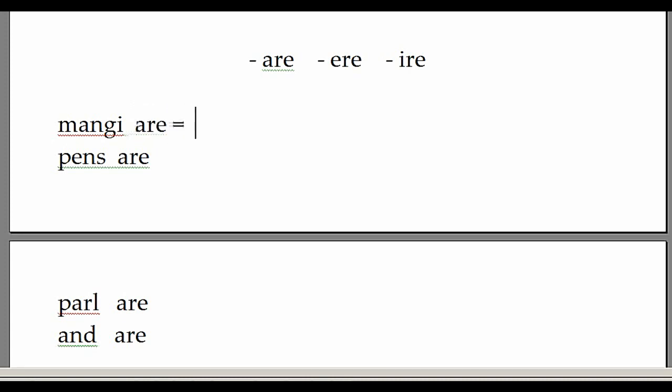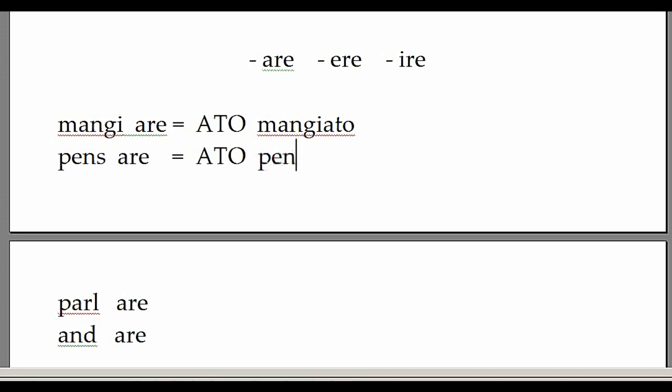Now, we are going to change the ending with ato, and this will become mangiato.